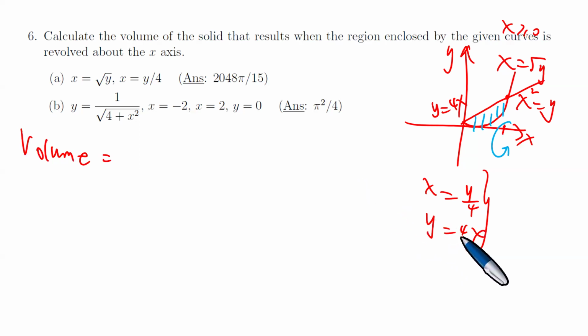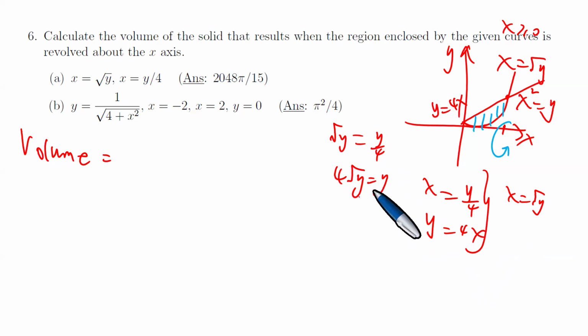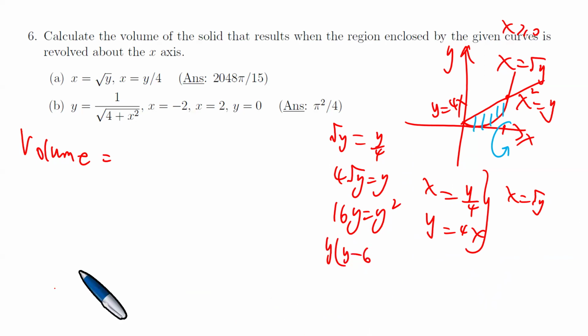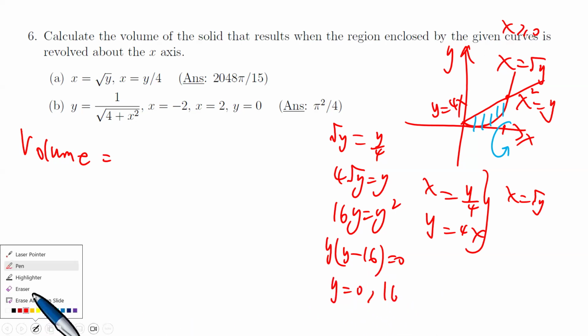So x is y over 4, and then x is the square root of y. Y over 4 equals the square root of y, so y squared is 16y, so y squared minus 16y is 0, and y is 0 or y is 16.